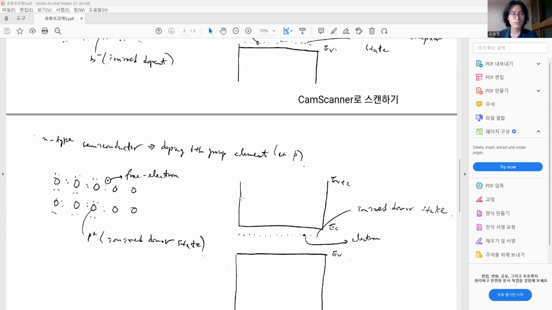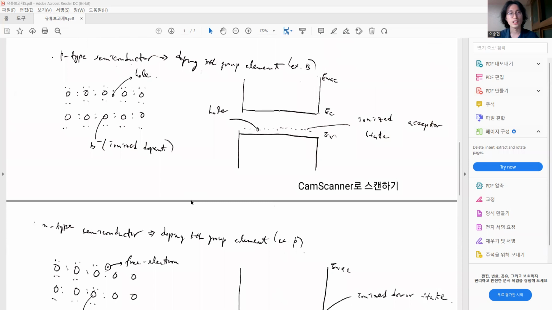So this can be the carrier of the semiconductor, which is the free electron, and this free electron is the donor of the semiconductor.